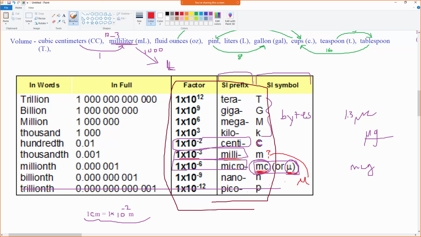And so if you couldn't remember what the conversion factor was, you could just say 1 gram is equal to 1 gram, and milli is equal to times 10 to the negative third. Therefore, 1 times 10 to the negative third grams is equal to 1 milligram. You can also put that in normal notation, 0.001 grams is equal to 1 milligram.